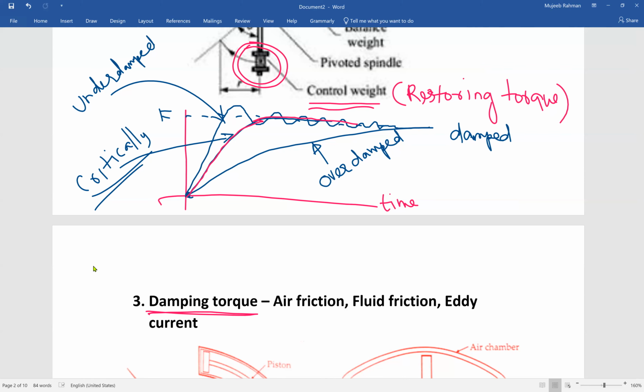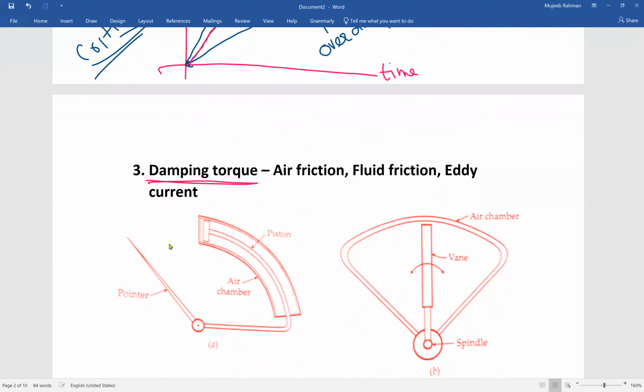These torques are called the damping torque. The purpose of the damping torque is to damp out unnecessary oscillations of the pointer above and below the final steady state position.